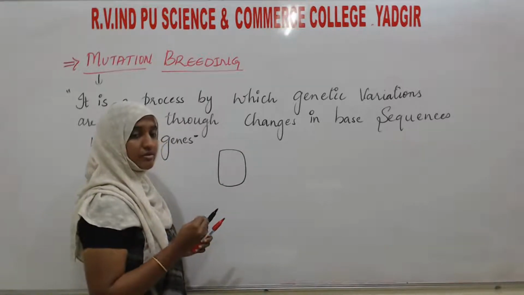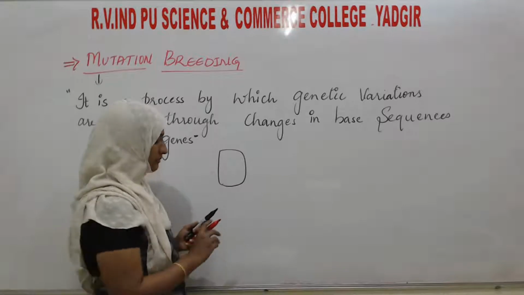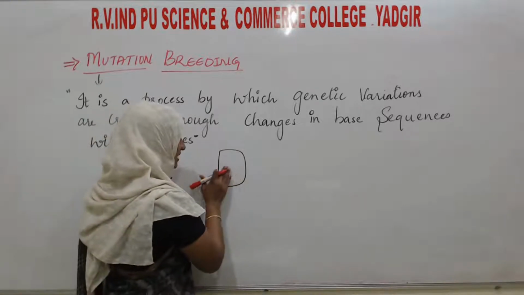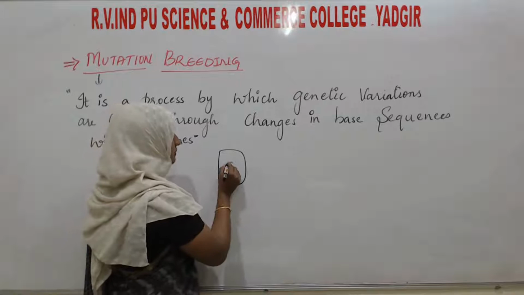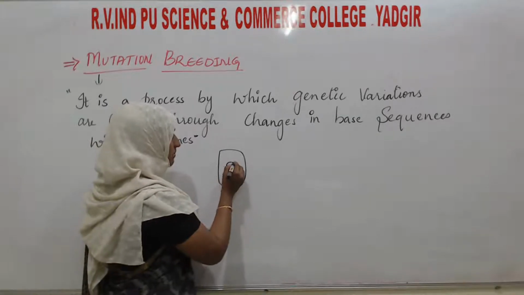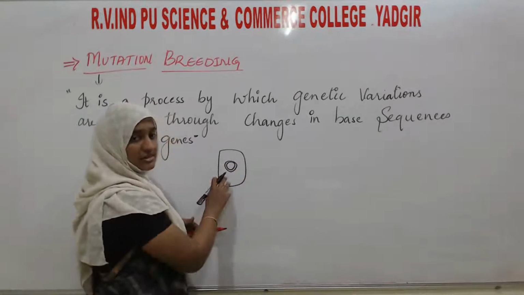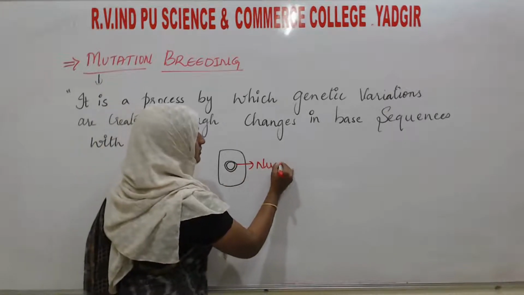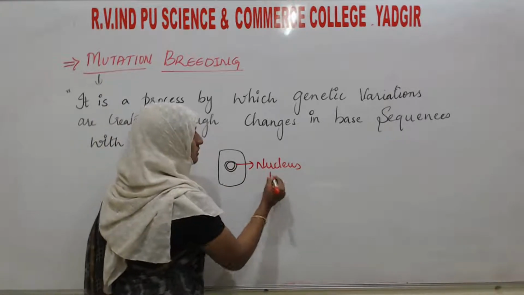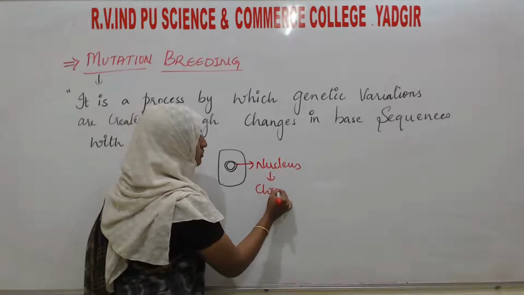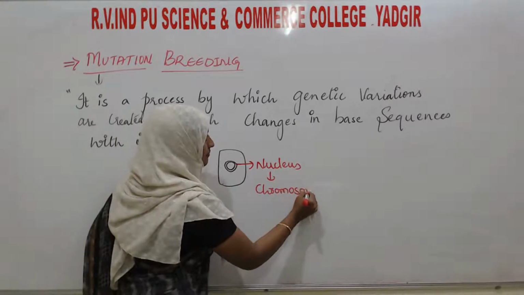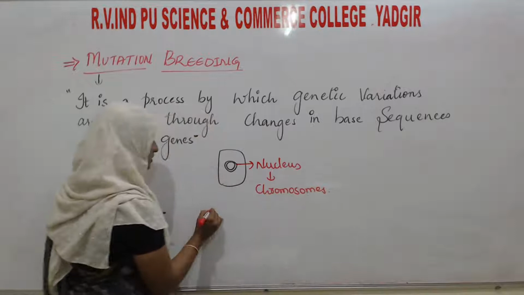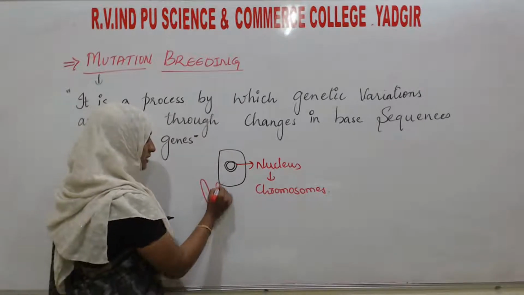The plant cell is one of the eukaryotic cells. So in the cell there is a nucleus which is bounded by the nuclear membrane. In the nucleus there will be chromosomes. The structure of chromosomes will be like this.